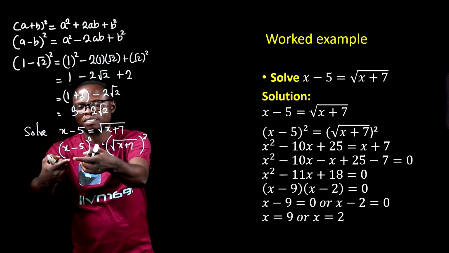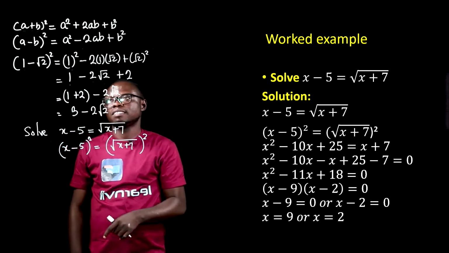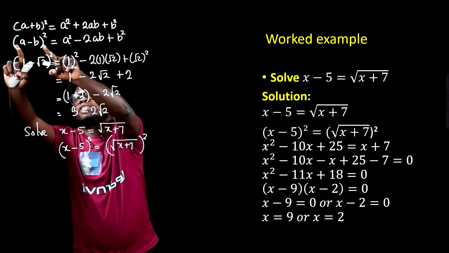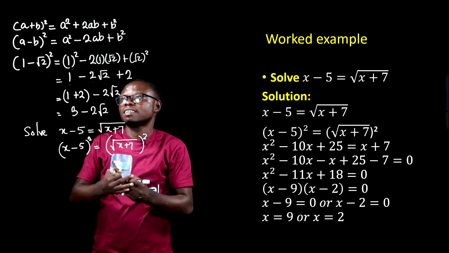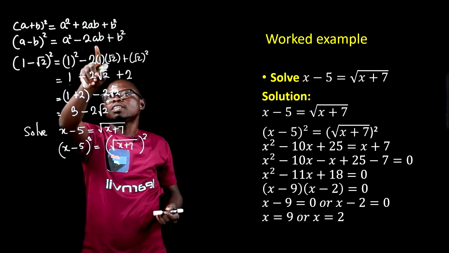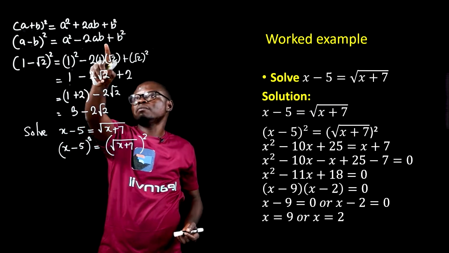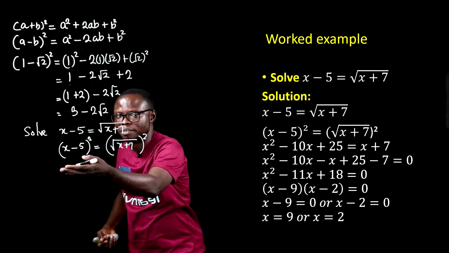Look at this one. We have x minus 5 all squared. It goes back to a minus b all squared. How do we do that? Pick the first one, square it, minus 2 times, multiply the first and the second, then plus, pick the second one and square it. So we use the same thing here.